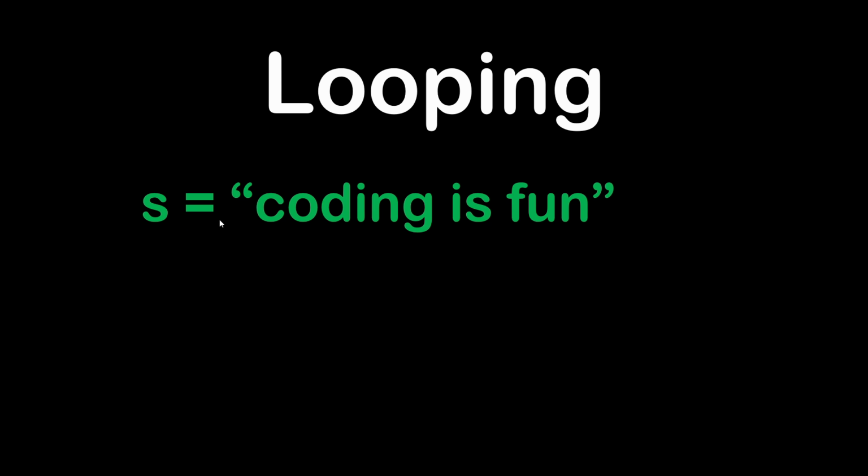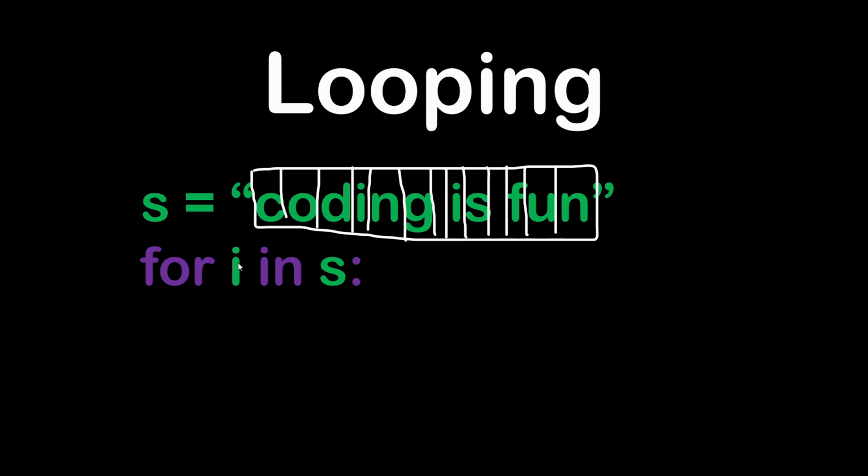Let's take s equal "coding is fun". It's a string, meaning a table of characters. So basically for i, a variable in this sequence s, would mean that i takes the value first of C, then the value of O, then D, all over the table until i is equal to N, which is the last character in this sequence.